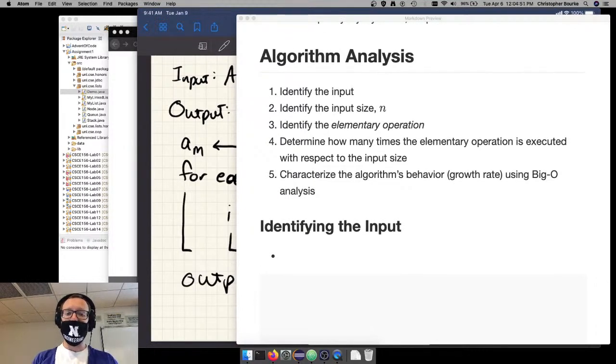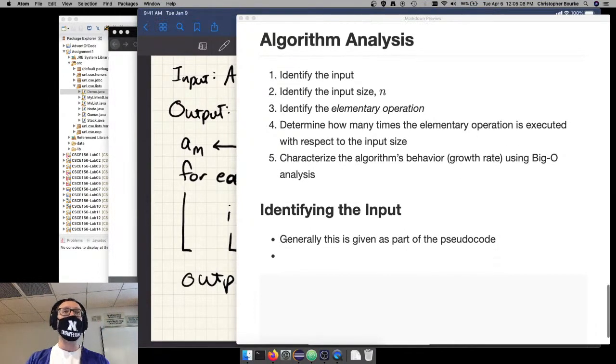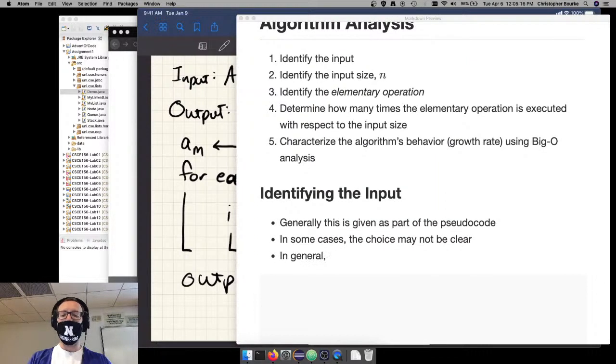So generally, this is given as part of the pseudocode, right? If you write good pseudocode, you've got input, you've got output. There it is. There's the input. But in some cases, you may have multiple choices. In some cases, the choice may not be clear. In general, you only want to focus on one input.